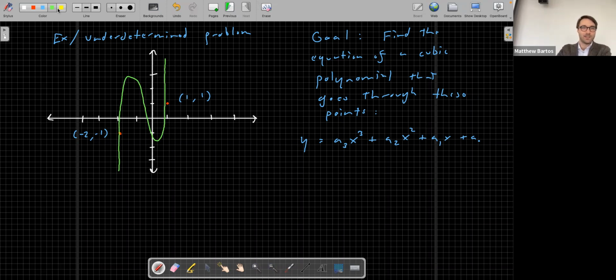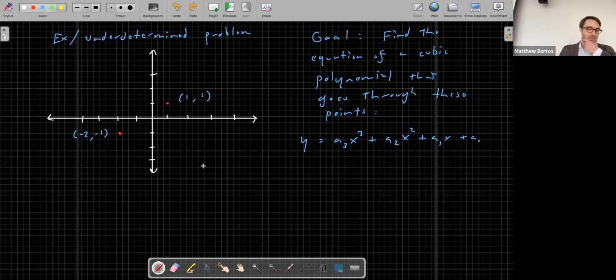You may have one that goes like this. There's many, many different cubic polynomials that'll go through these points. What we want to do is find the one with minimum norm. In other words, the one where the parameters a0 through a3 are of minimum value, in the squared sense, or in the 2 norm sense.